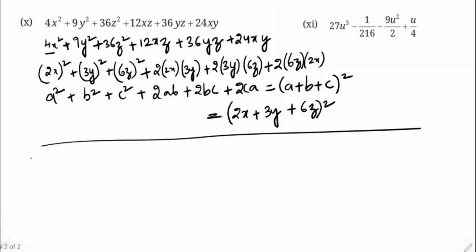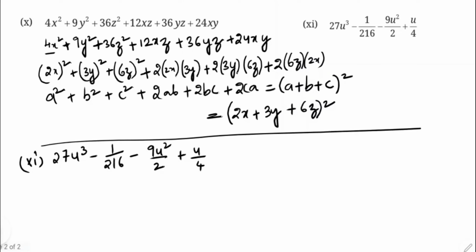Now 11th bit, so 27u cube minus 1 by 216 minus 9u square by 2 plus u by 4. Okay, so first of all we need to rearrange this.